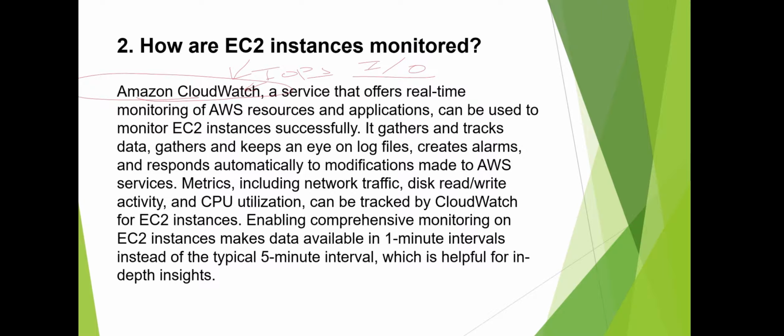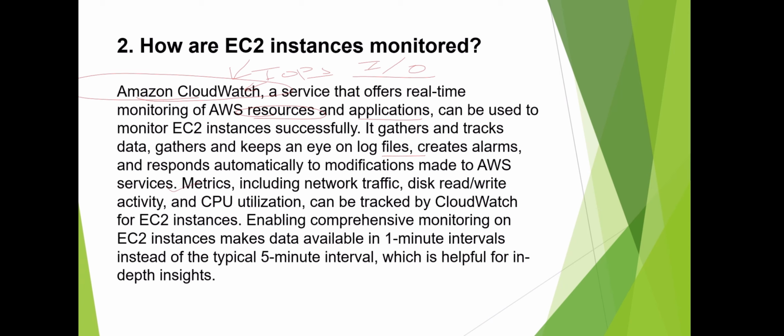CloudWatch is a service that offers real-time monitoring of AWS resources and applications, and EC2 is called a resource. It can be used to monitor EC2 instances successfully. CloudWatch gathers and tracks data, keeps an eye on log files, creates alarms, and responds automatically to modifications made to AWS services.